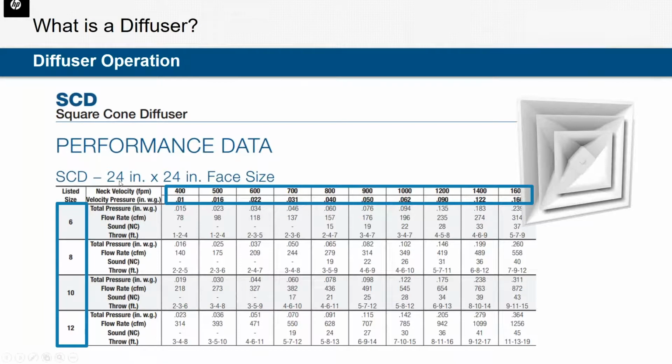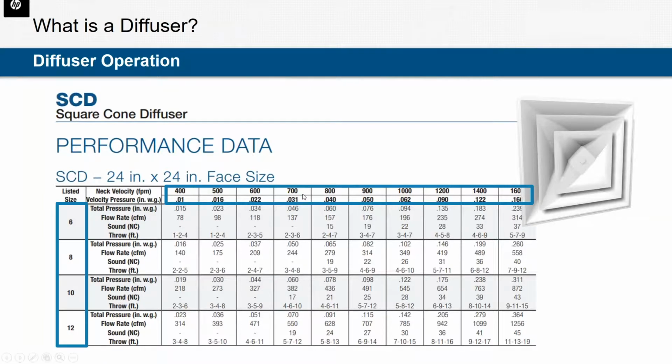And then given that diffuser and that neck size, for some known neck velocity, we will have some known pressure drop, and that will result in a specific flow rate and a specific noise generation and a specific throw distance. It must, because at that point, all the variables are constant.